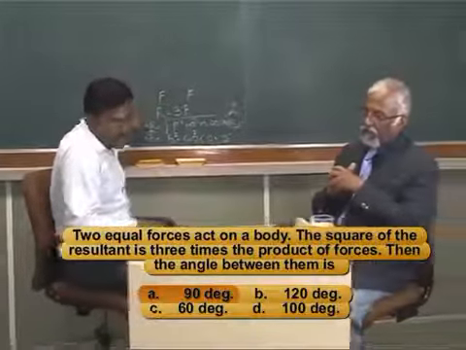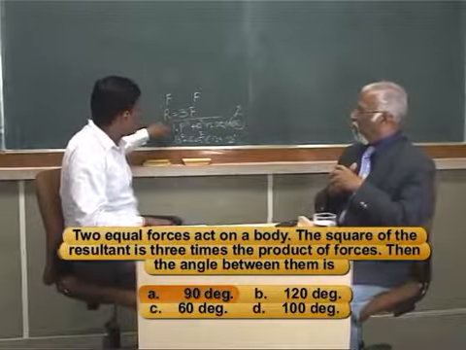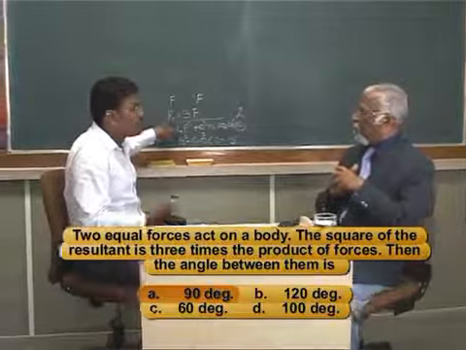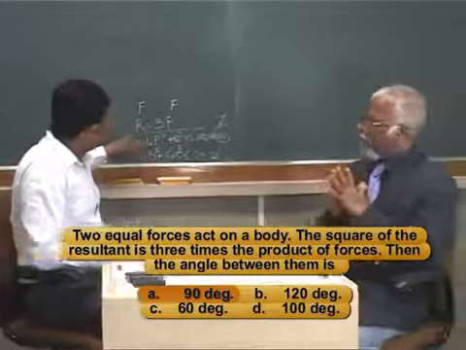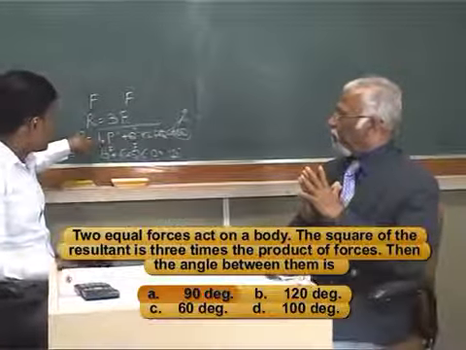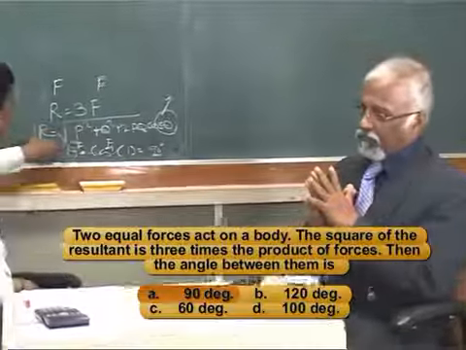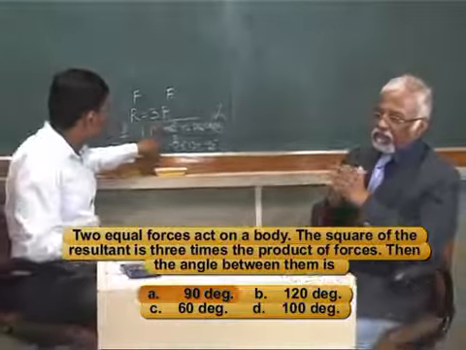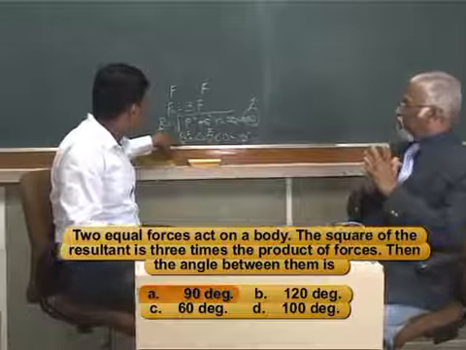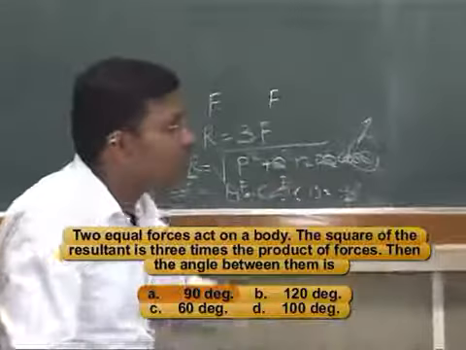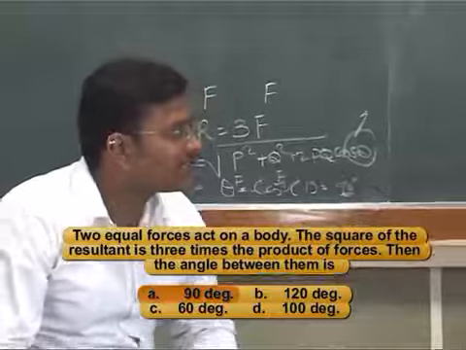The resultant is given by law of parallelogram, P square plus Q square plus 2PQ cos theta. There is no problem in the question or the values. I substituted P as F and Q as F, and when you substitute all the values, the answer comes out to be 90. So I think it is correct.